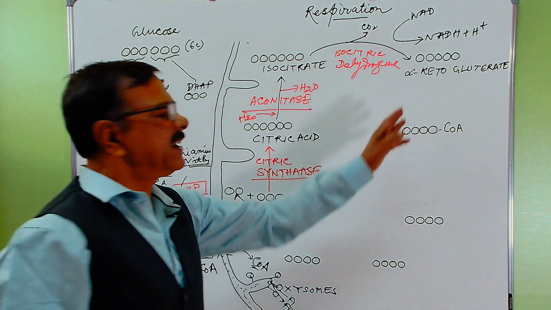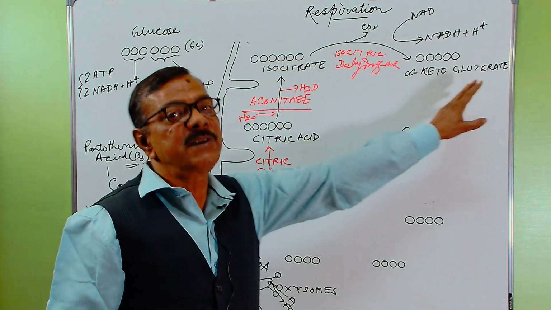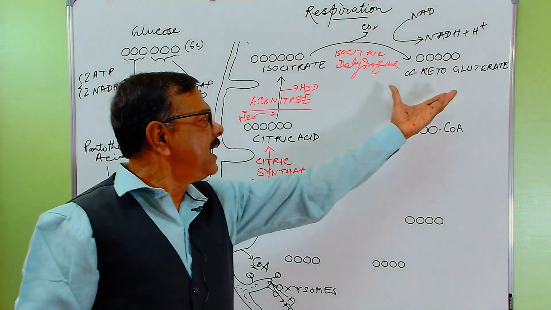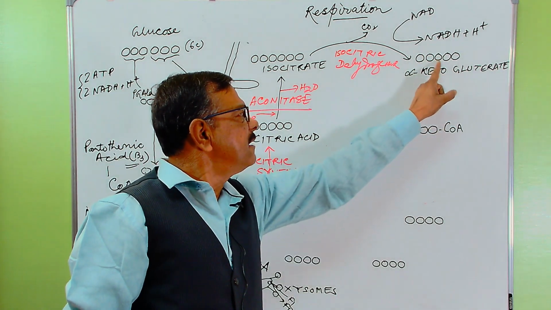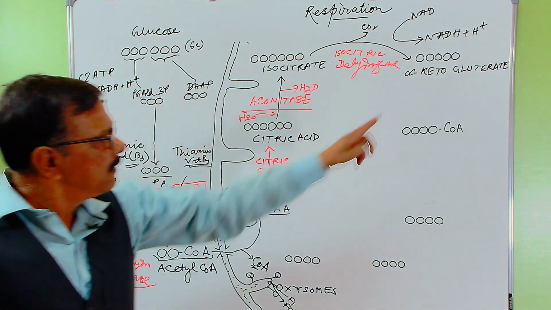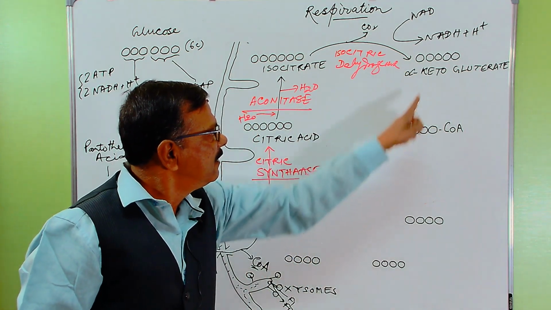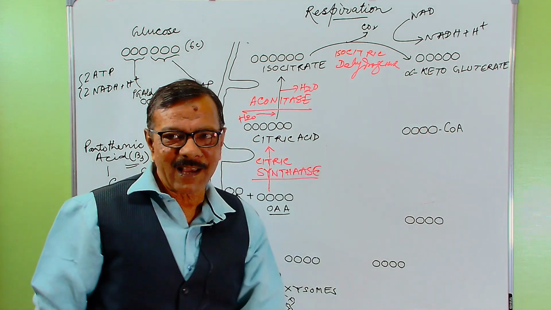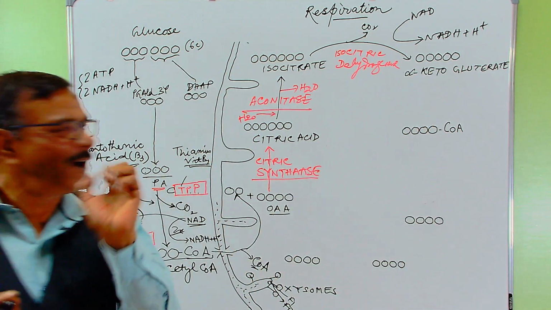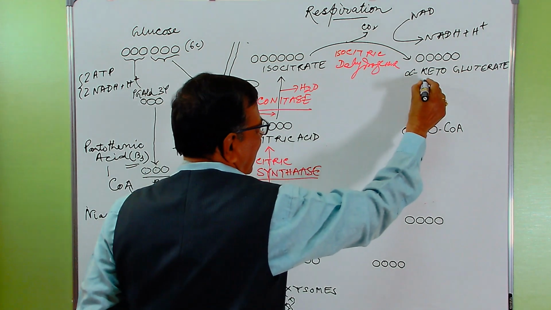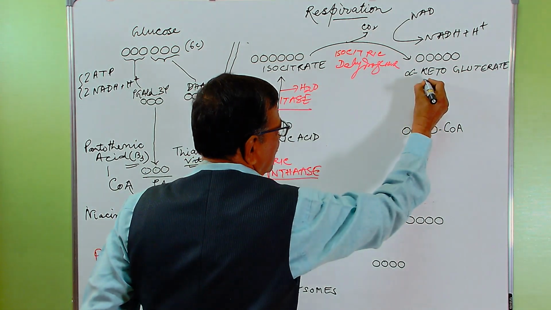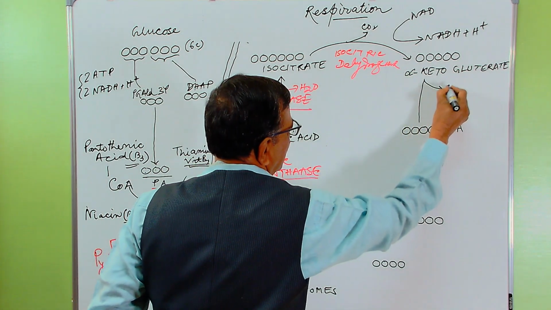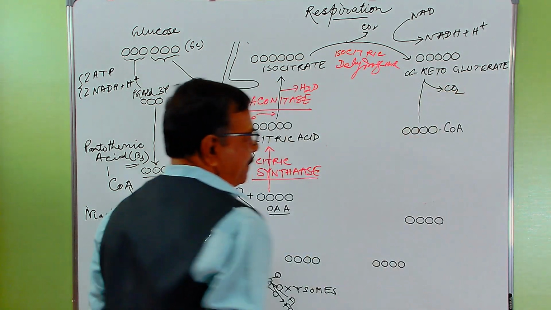This was alpha keto glutaric acid, but we used to say alpha keto glutarate. It is a 5 carbon compound. Gentlemen, you see this 1, 2, 3, 4, 5, then 1, 2, 3, 4. So another carbon is being lost, is it not? So CO2 is coming out, decarboxylation.